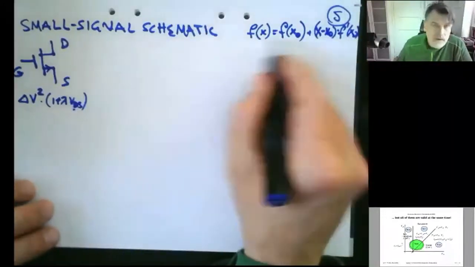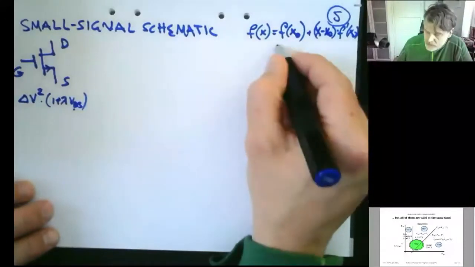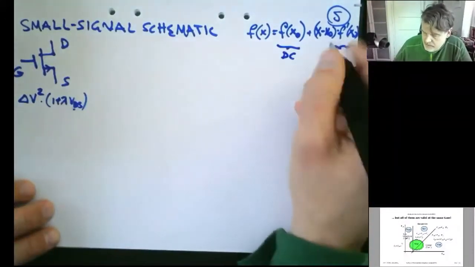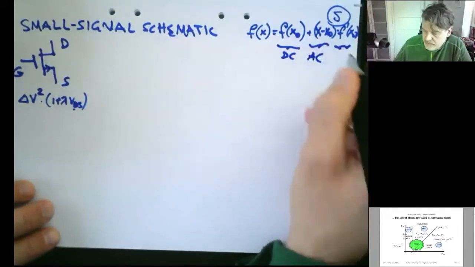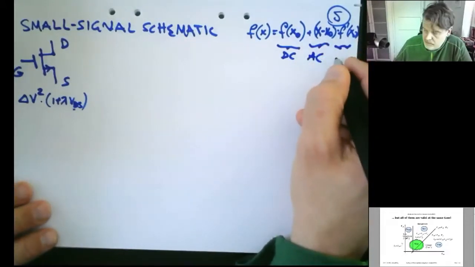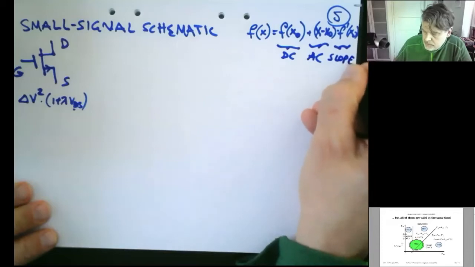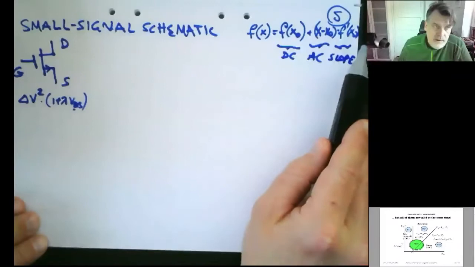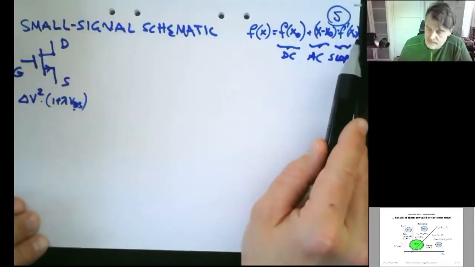If I look at this equation, this is sort of my DC point, and this is my AC point, and this is my derivative, which is the slope, with respect to a lot of different parameters, both time and other parameters.